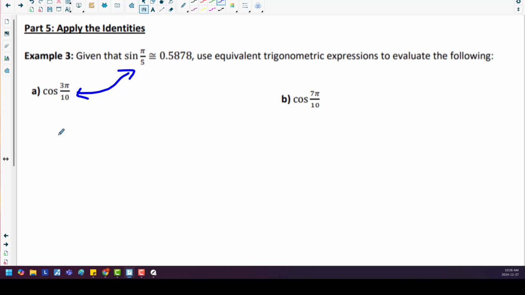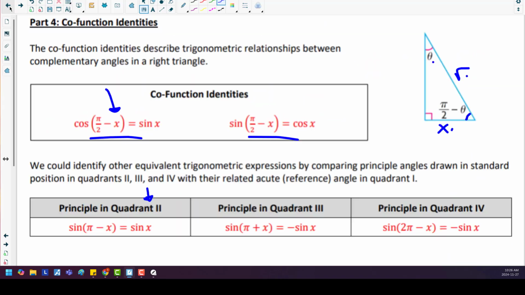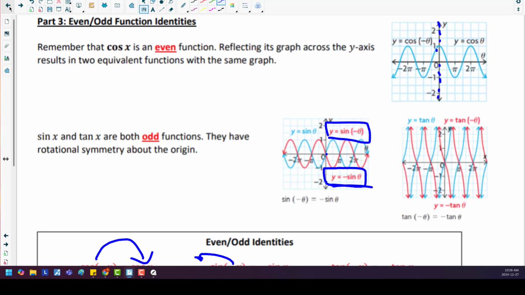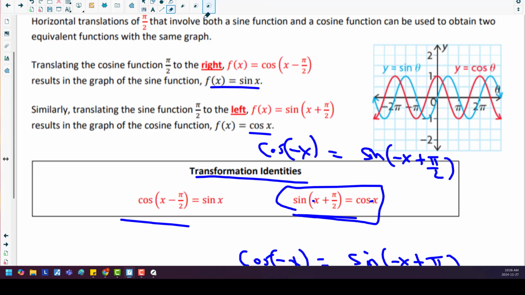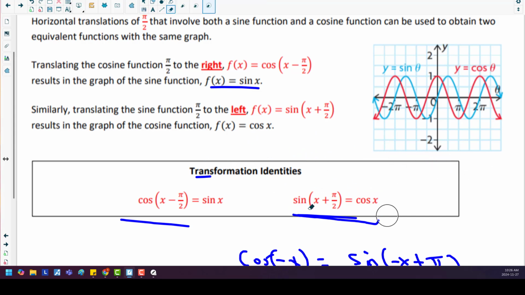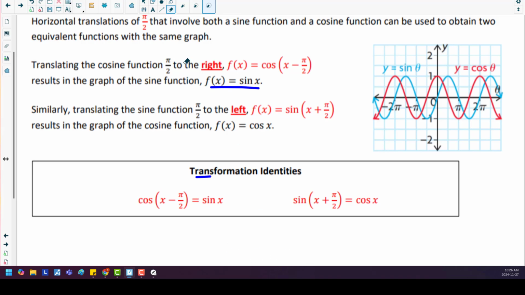Well, the first thing is this has to do with sine, so we have to change the cos into a sine. Our angle is 3 pi over 10, so that's our x value.